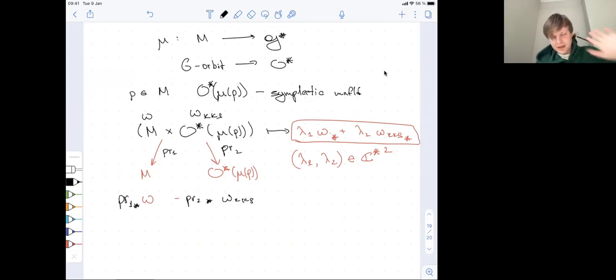Thank you. And imagine for a second that both of these symplectic manifolds are Hamiltonian G spaces with their own moment maps.